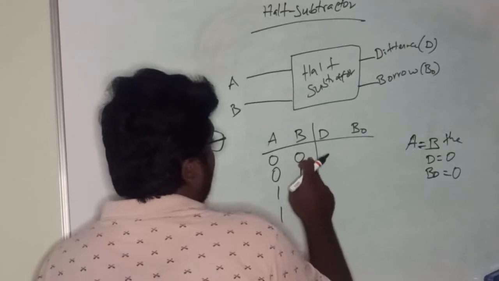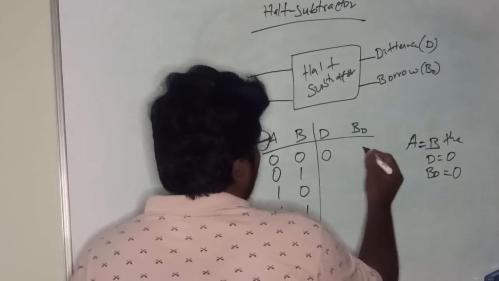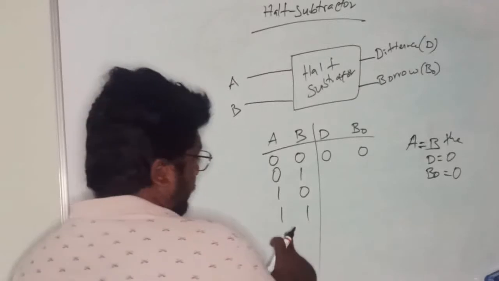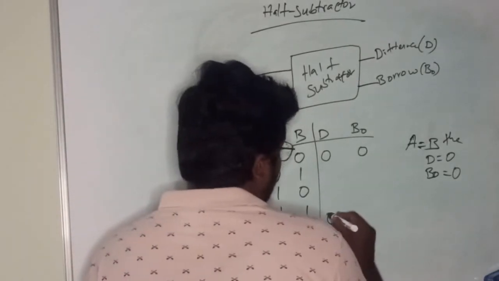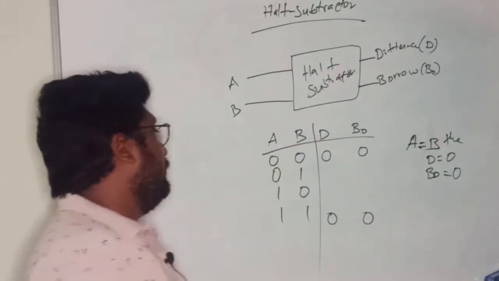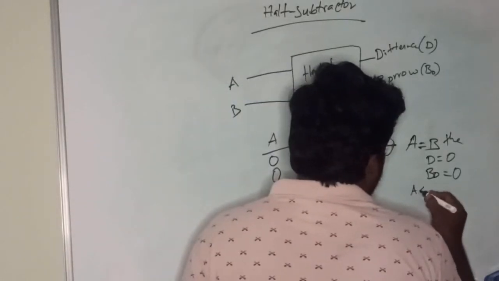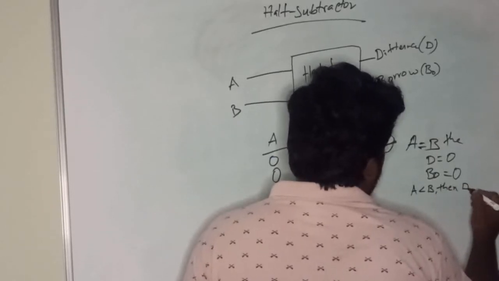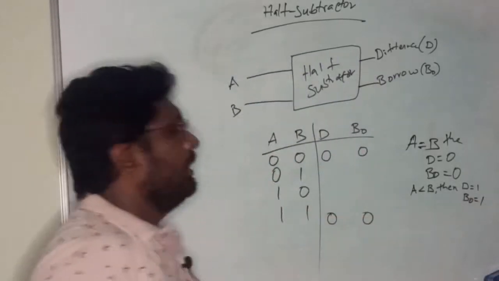For the first possibility we have both inputs 0 and 0, which are equal, so the borrow as well as the difference will be 0. For the last one, when the inputs are 1 and 1, the difference will be 0 and the borrow will also be 0. When A is less than B, that is A is 0 and B is 1, the difference will be 1 and the borrow will also be 1.